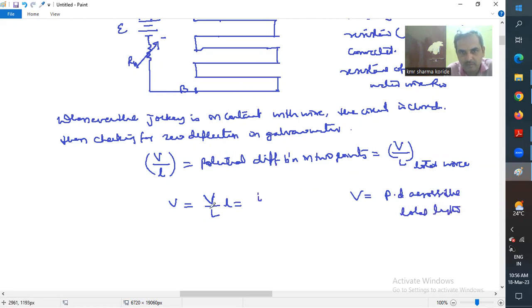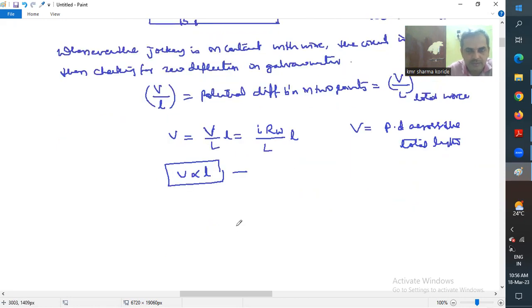Therefore, according to Ohm's law, V equals I into RW, the resistance of the wire, by L times l. This is nothing but the principle.